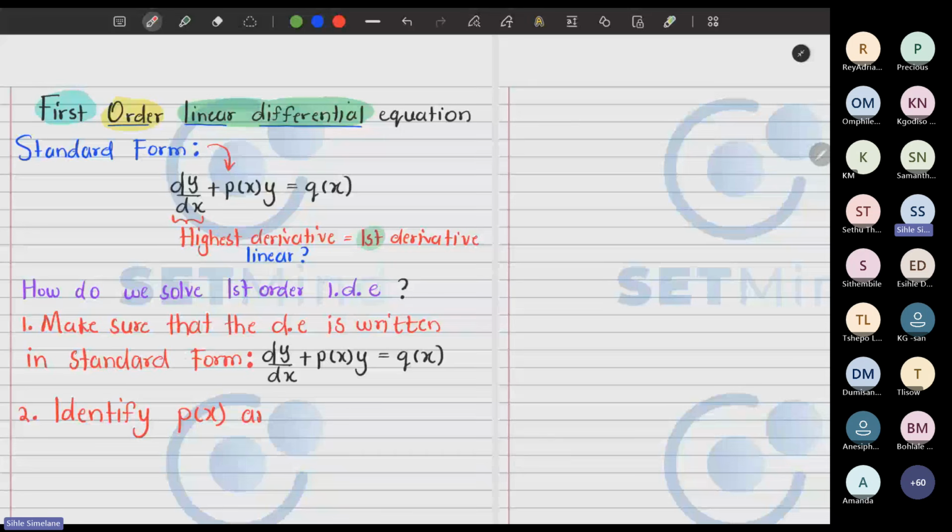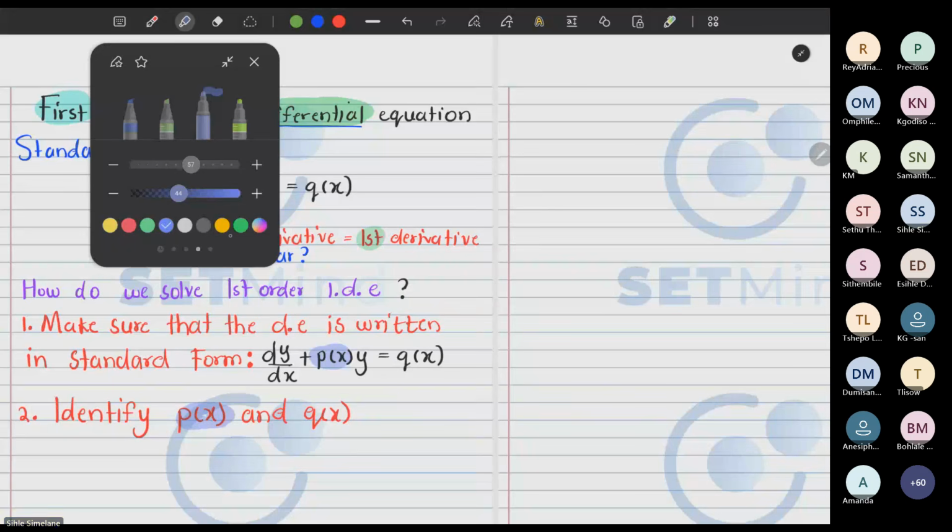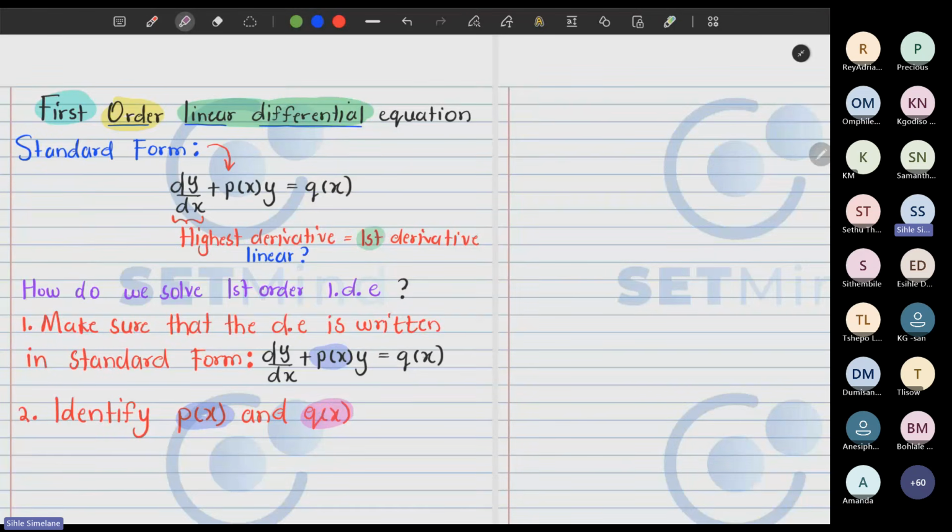You look carefully, P of X is whatever multiplies Y when we write our differential equation in standard form, and Q of X is whatever lies after the equal sign. That is Q of X. We need to write down those, identify them, and then say P of X is that, or P of T or Q of T, depending on what the independent variable is.